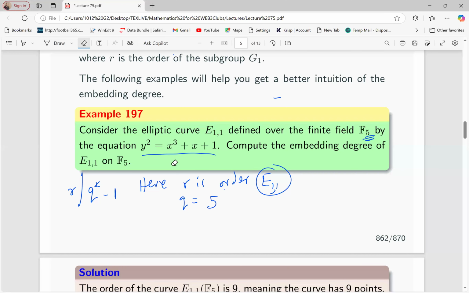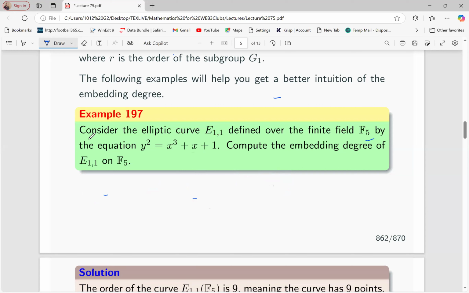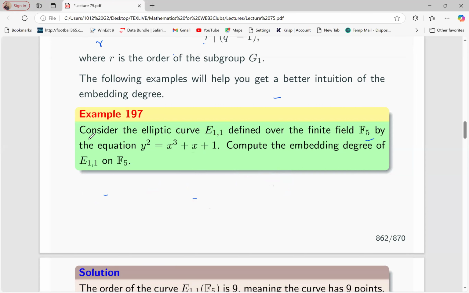Okay, let me just repeat what I had already explained about this question. We are asked to find the embedding degree. We've been given the elliptic curve, and we've been told the field over which this elliptic curve is defined. What is embedding degree?